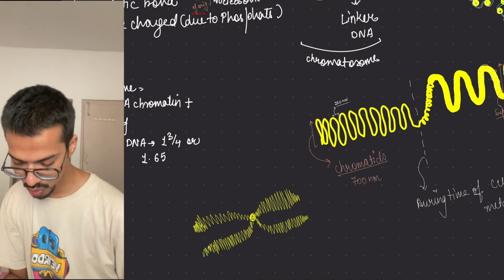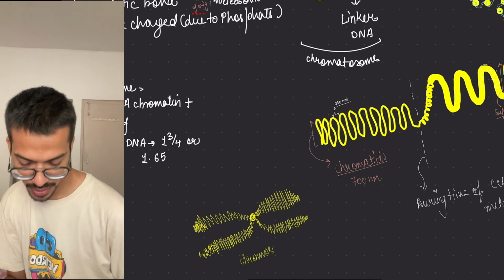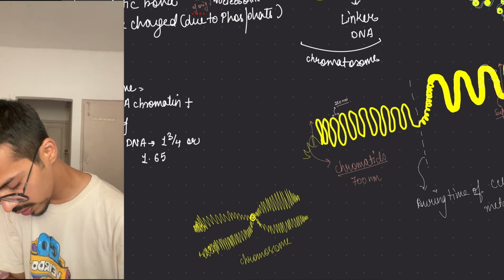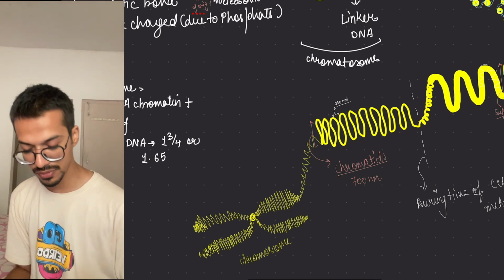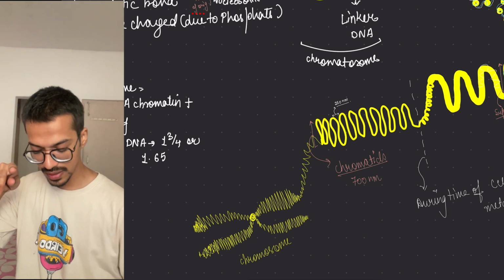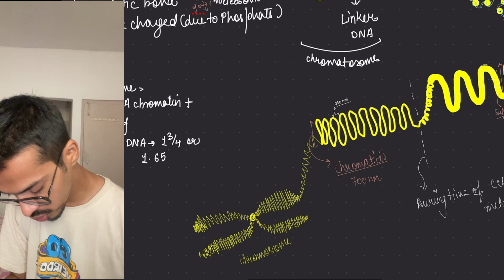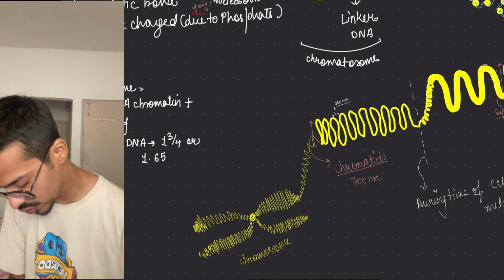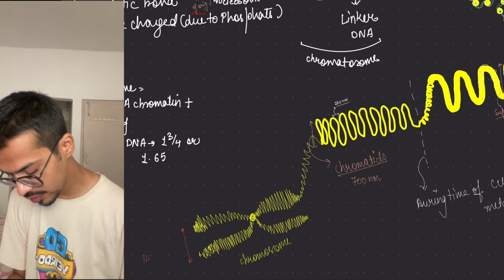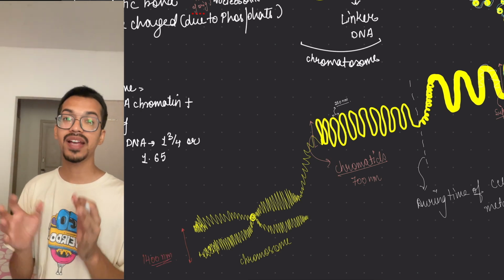So this structure is the chromosome. Understood? This chromosome has two chromatids, here and here. So the chromosome, with both strands, has a dimension of 1400 nanometer. This level of compaction occurs.